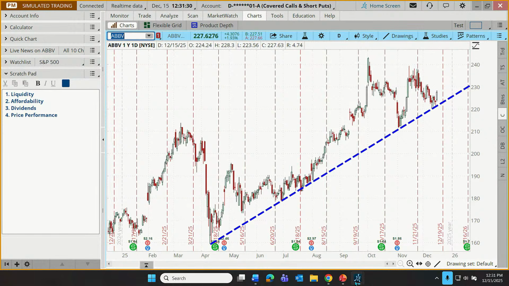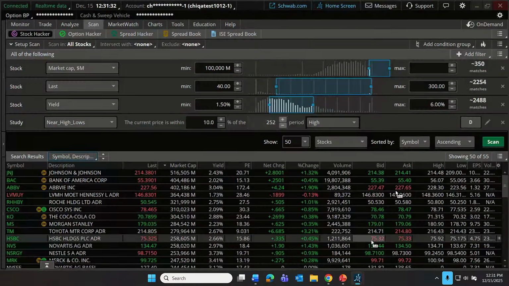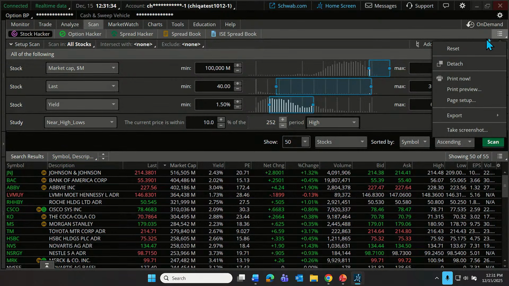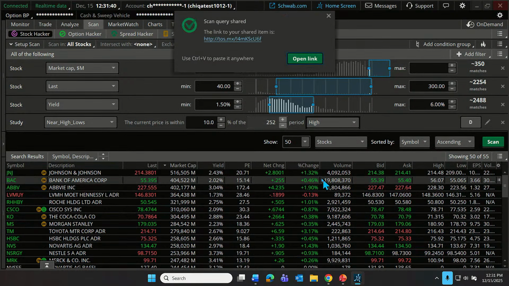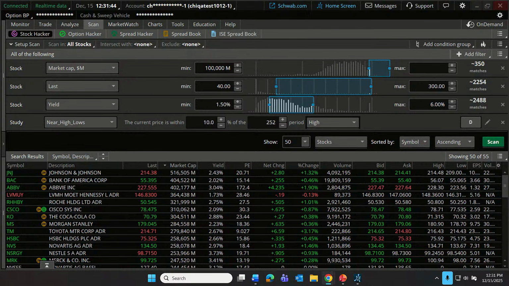Oh, yeah, somebody just asked, can I share this scan? Yes, I can. Let's come up here. Wrong one. Click this menu. Let's share the scan. And there we go. Let me just post that in the chat.